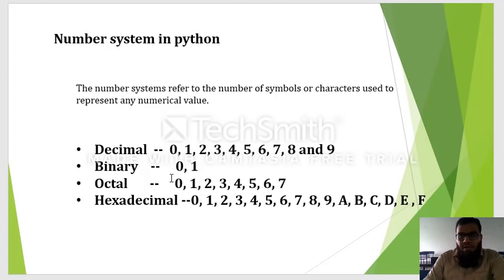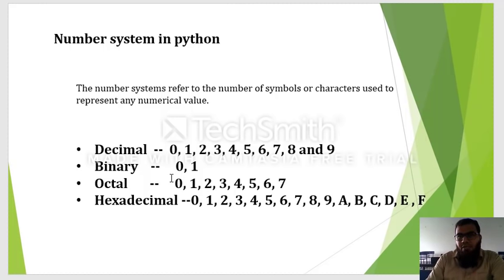Likewise in other programming languages, here also it is the same thing, there is no difference. Here we also have to know how these number systems can be converted into other systems, like decimal converted into binary, binary into octal, octal into hexa, hexa into octal. How do these conversions happen?